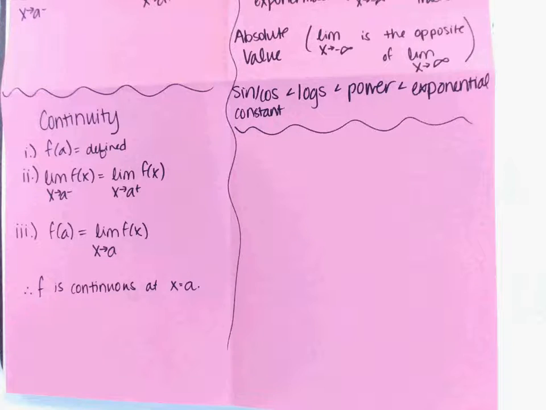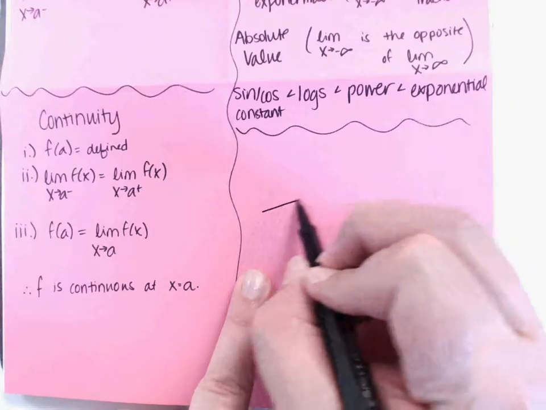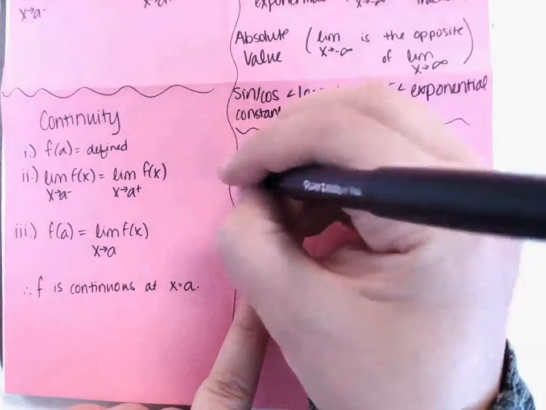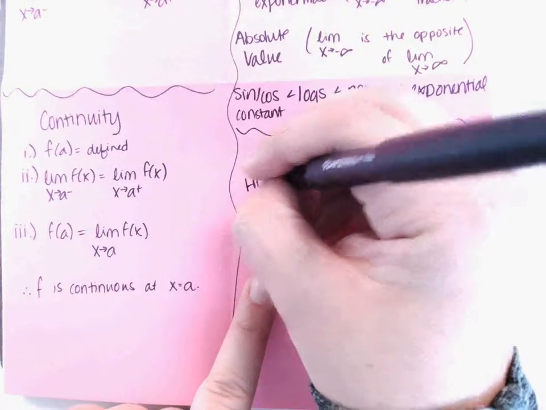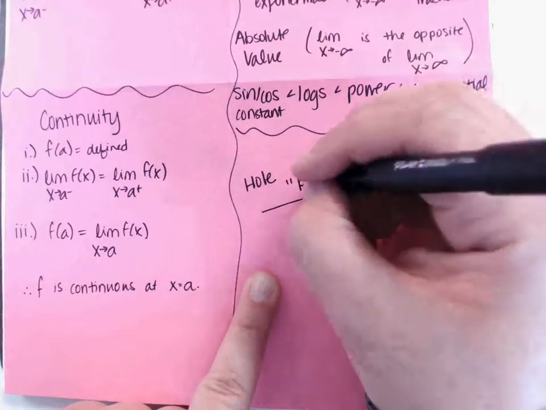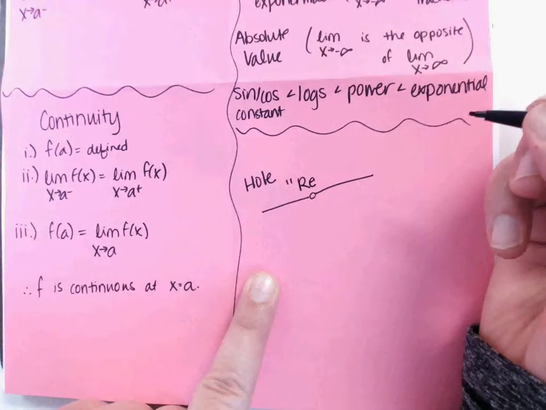Okay, last thing, bottom right corner, we're going to draw the 3 types of discontinuities. Discontinuities are the places you'd have to pick up your pencil while you're drawing the graph. The first one looks like this. Do you remember what it's called? Besides a hole. Give me the more fancy name. Anybody? R, E. Removable?